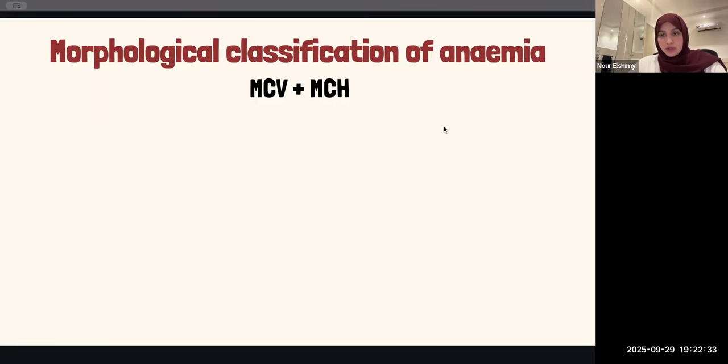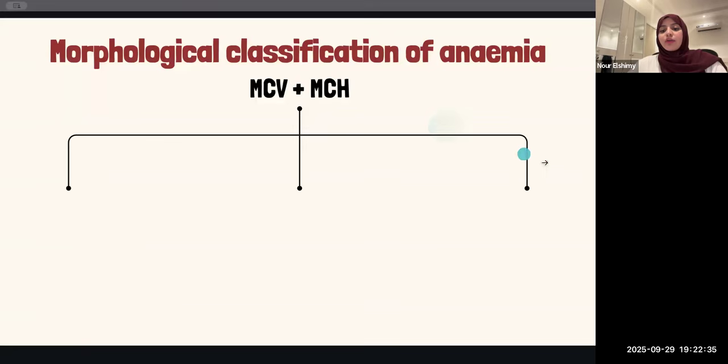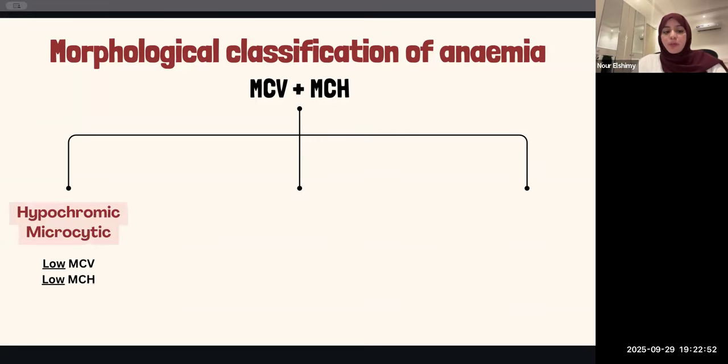If you combine those together, you're going to have three different scenarios. You're either going to have microcytic hypochromic, so low with low, or normal with normal, or big. Let me explain. For microcytic hypochromic, we combine low MCH with low MCV to make microcytic hypochromic anemia.